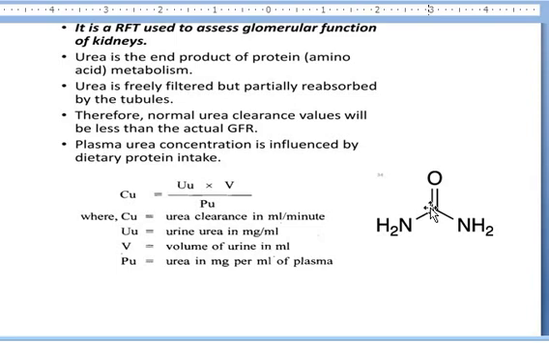So urea is an end product of amino acid metabolism. It is freely filtered and partially reabsorbed by the tubules. Therefore, the normal urea clearance value will be less than the actual glomerular filtration rate.